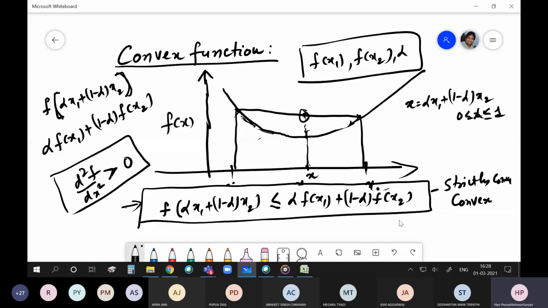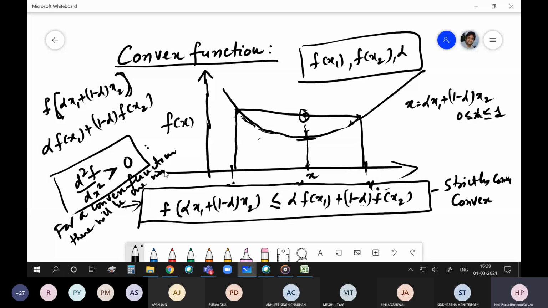Then how many minimas can I have for such a function? Single. There will be only one, which is the global minima. For a strictly convex function, there will be only one minimum.